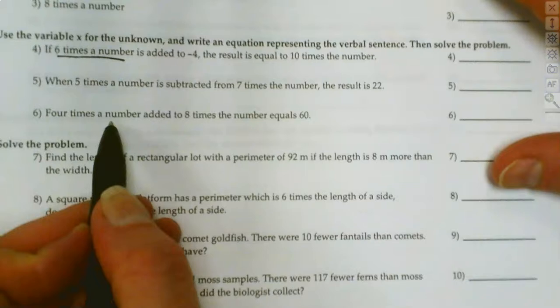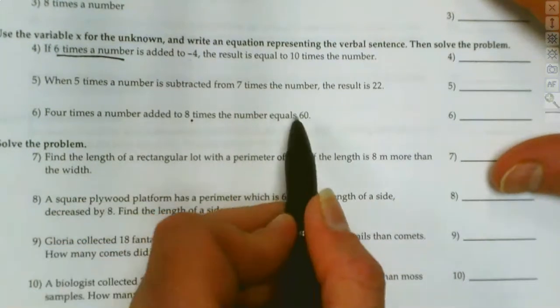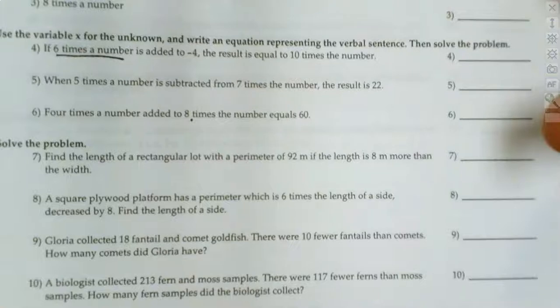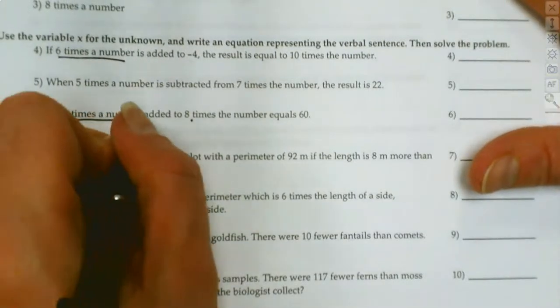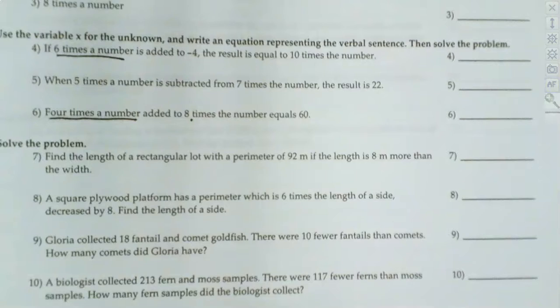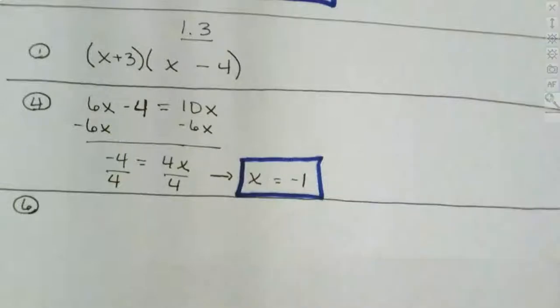4 times a number added to 8 times the number equals 60. So break it up. Break it up into smaller parts. 4 times a number. When I say 4 times a number, what does that mean? 4 times a number would be what? 4x, right? So that's going to be the 4x there.